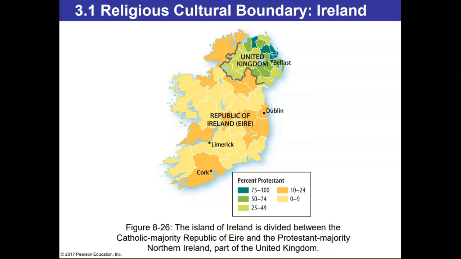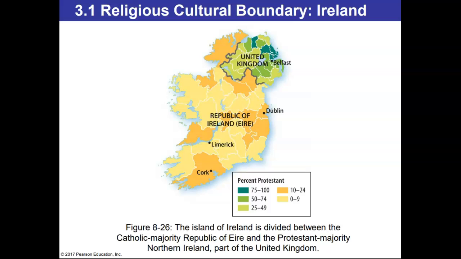What you see pictured here is the island of Ireland, which is divided between the Catholic majority Republic of Ireland and the Protestant majority Northern Ireland, which is part of the United Kingdom. As you can see, religion plays a big part in the division of Ireland.